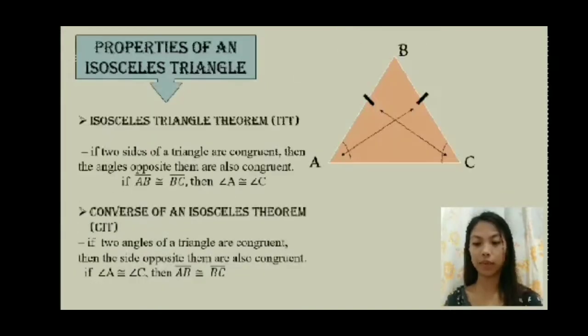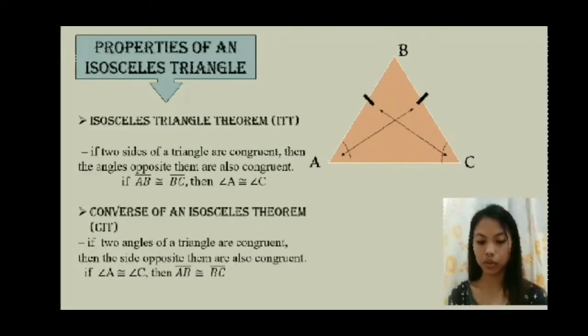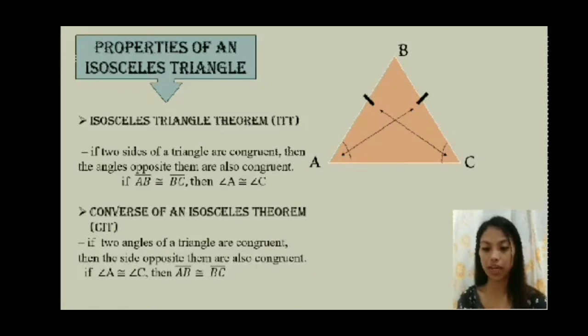Let's go on to the properties of an isosceles triangle. If we are given triangle ABC and it has congruent legs, which are segment AB and segment BC, and it has congruent base angles, which are angle A and angle C, we can derive the theorems under the isosceles triangle. So the first theorem is the isosceles triangle theorem, or the ITT.